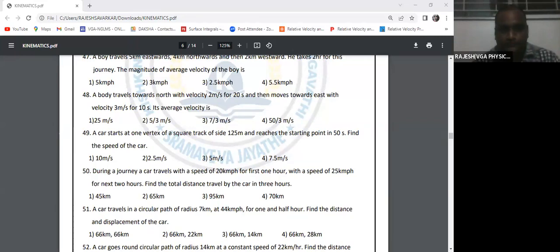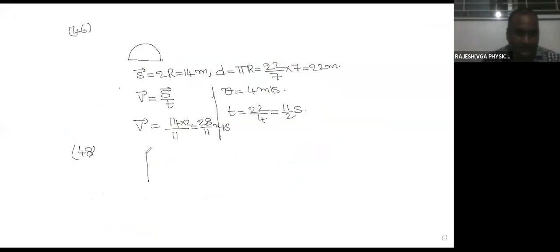A body travels towards north with a speed of 2 meters per second for 20 seconds.